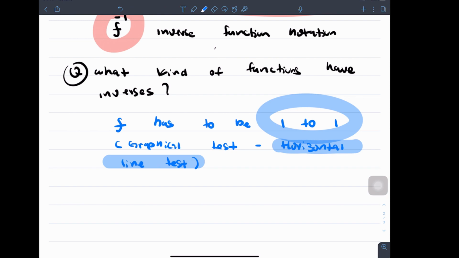What kind of functions have inverses? Ones that are 1 to 1 by the horizontal line test. So there are a lot of functions that fail, if you guys remember. Like x squared fails, right?